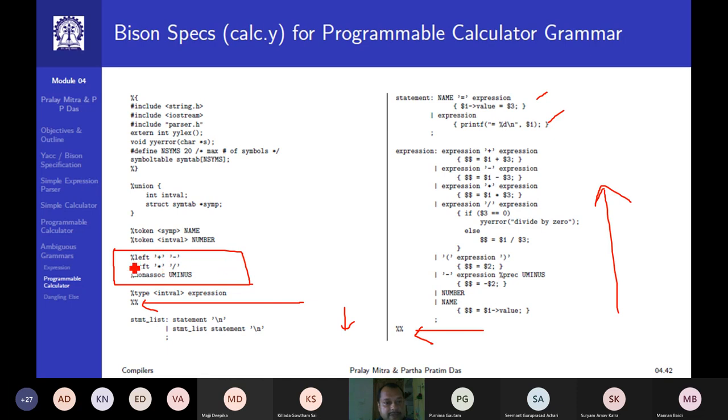Here you can see percent left within single quote addition, single quote subtraction, then percent left within single quote multiplication. This is star, although it looks like dot, but actually this is star, and division slash. Next, percent nonassoc u minus.